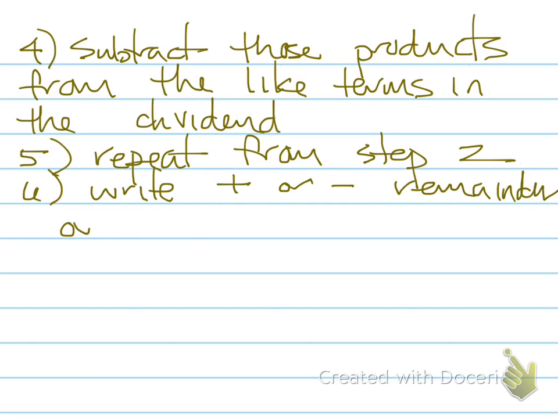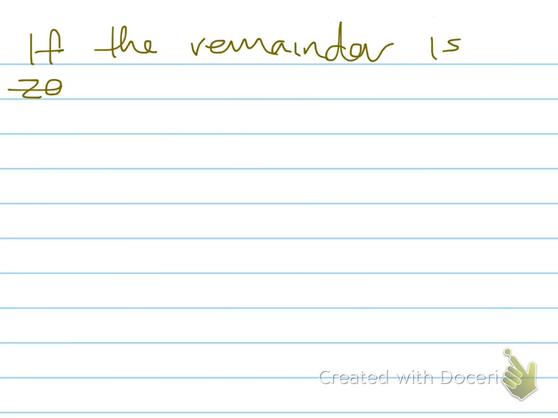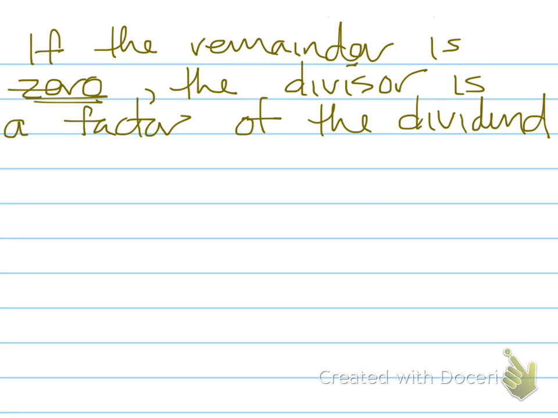And then you repeat those steps, starting at step 2, all the way till you get to the last term in the dividend. And then if there is a remainder, you put a plus or a minus, depending on if the remainder is positive or negative, and then write that over the divisor. If the remainder is 0, that tells you that the divisor is a factor of the dividend.